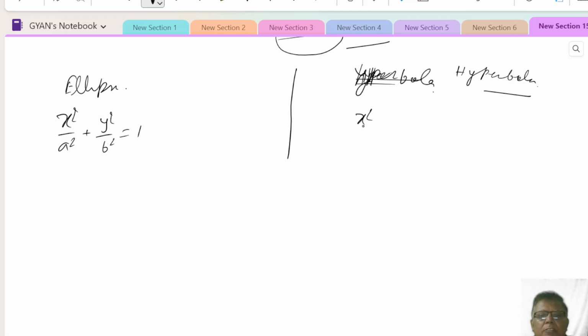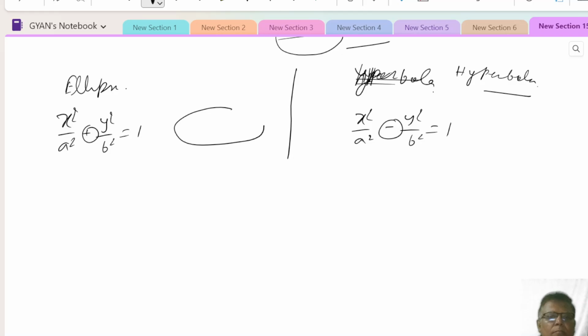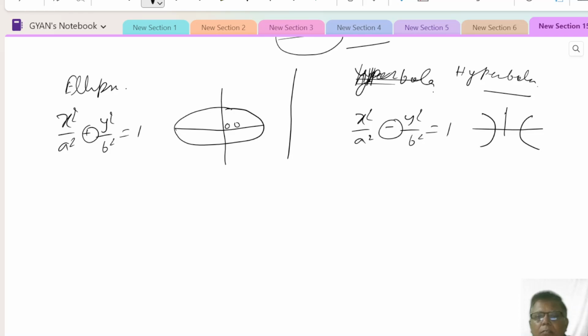Here: x square by a square minus y square by b square is equal to 1. Here minus, here plus. Shape here, 0, 0. This side shape, this is 0, 0.